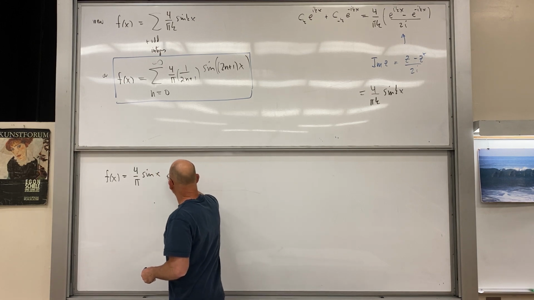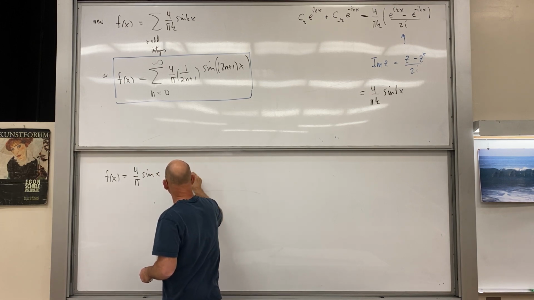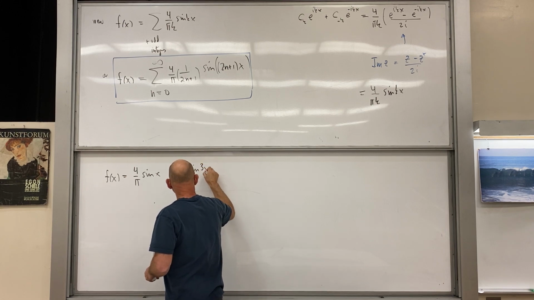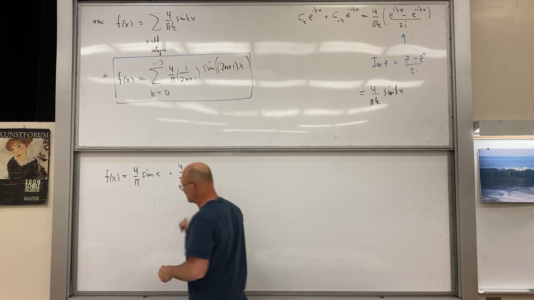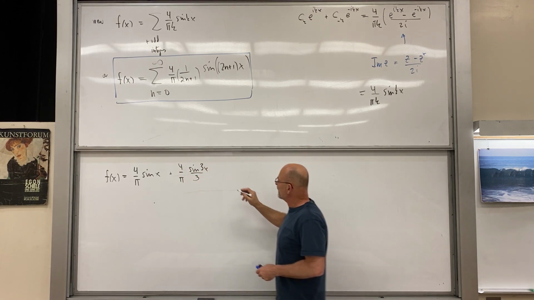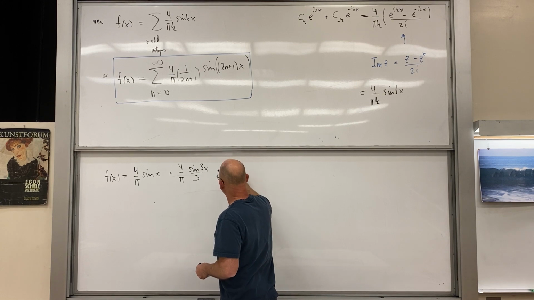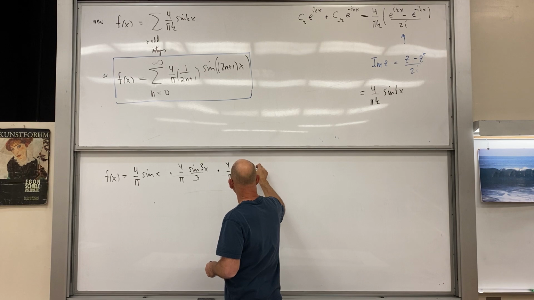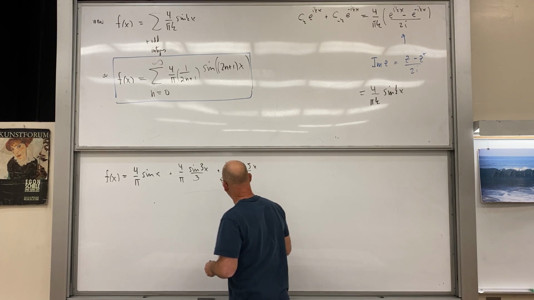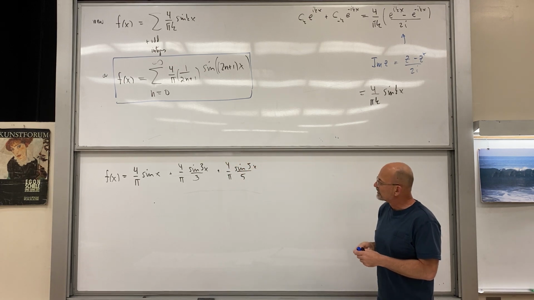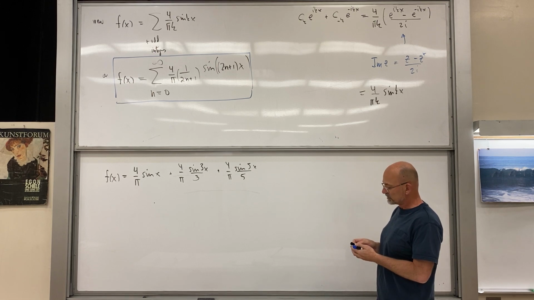And then we have 4 over pi, and then we're going to have sine of 3x over 3. I'm going to go ahead and keep this 4 over pi separate, so we always have 4 over pi sine 5x over 5. That we can try to sketch. After that it would become difficult.